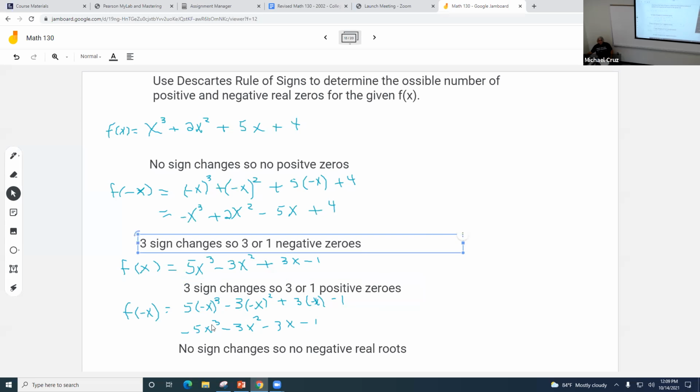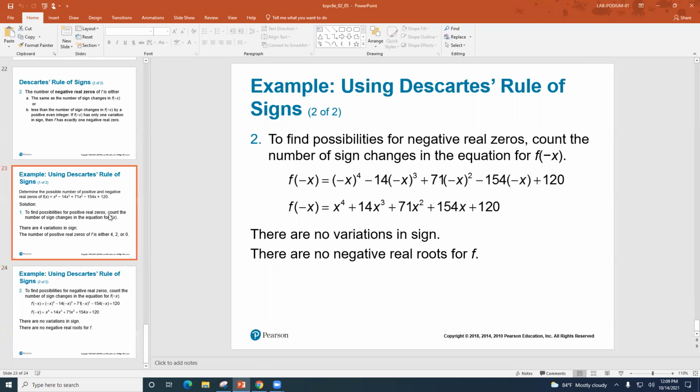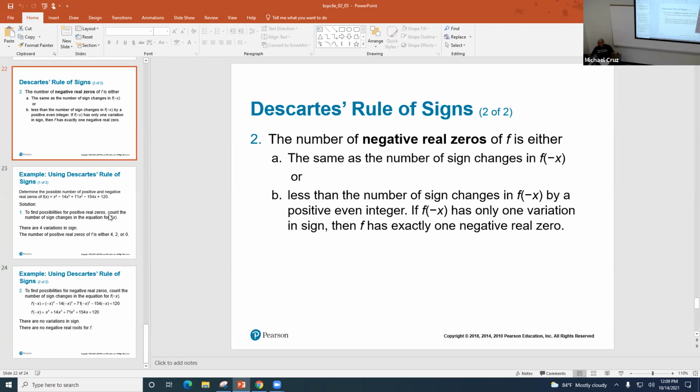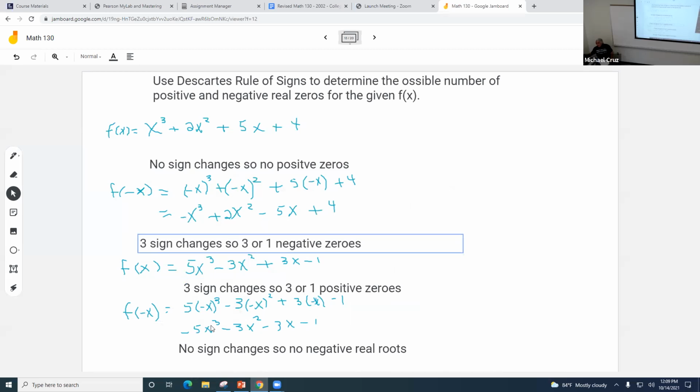All right, so when I put the negative in there, that's what we have to do to find the negative roots. You put negative x in, just like you did to find the odd function, and then you just evaluate it. So negative x cubed is still negative, so it makes this positive term negative.